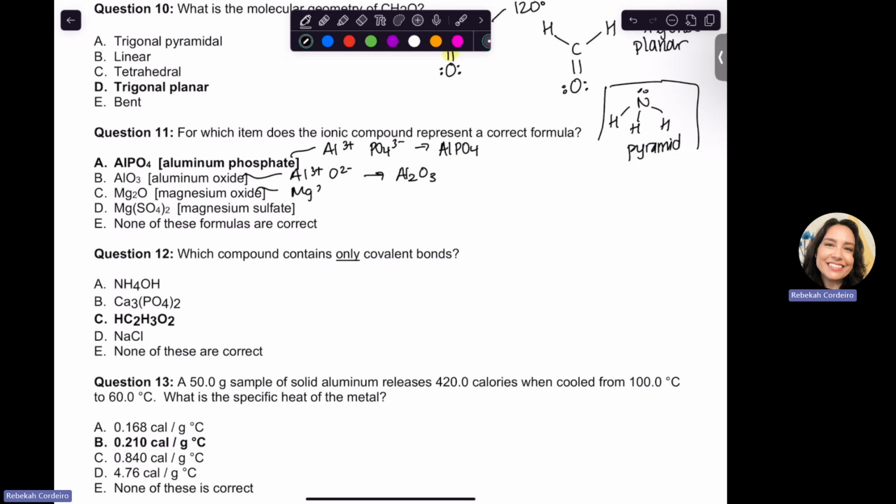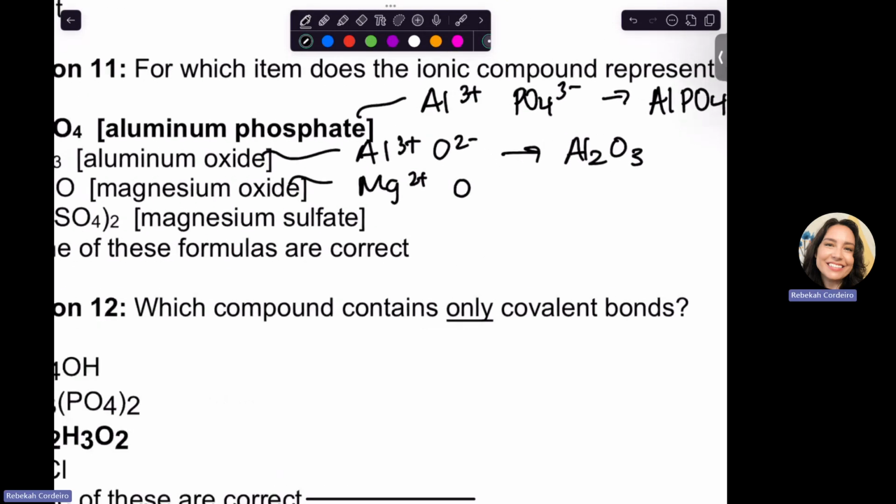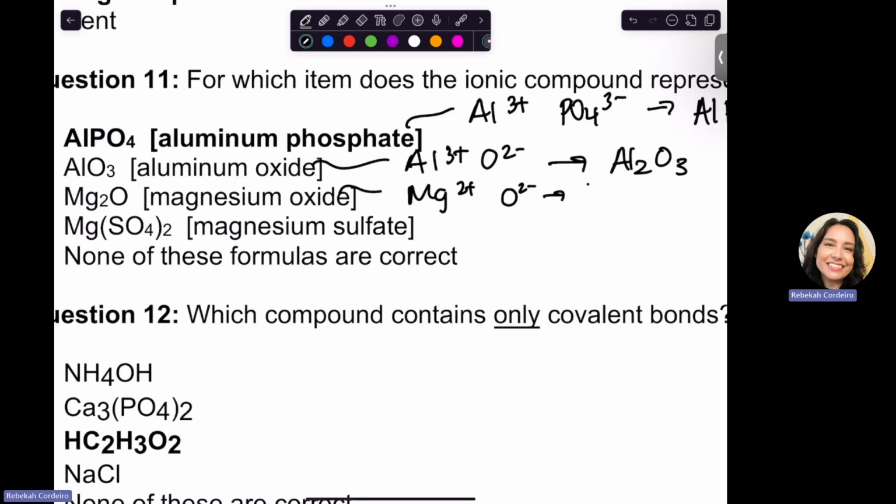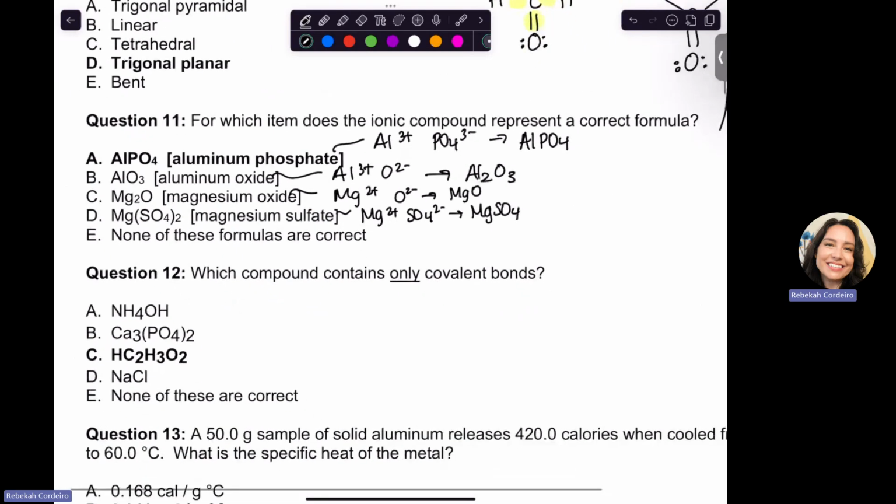This one, magnesium and oxide, would give us MgO. So it's a 1-to-1 ratio. Magnesium and sulfate would also give us a 1-to-1 ratio. So 1 magnesium and 1 sulfate. So that means that the first one is the correct one.